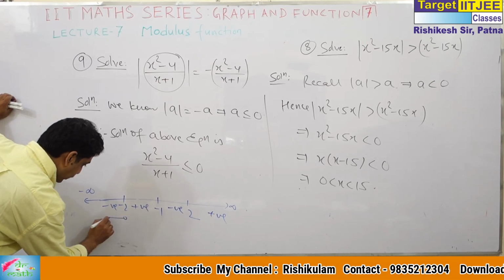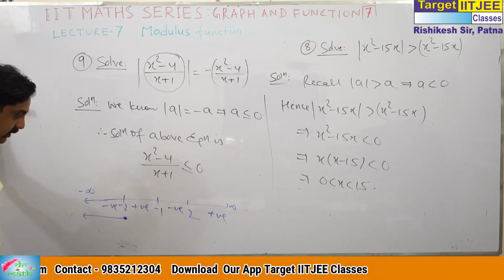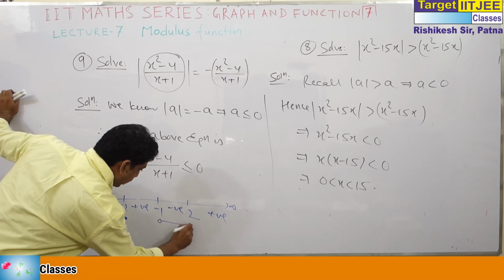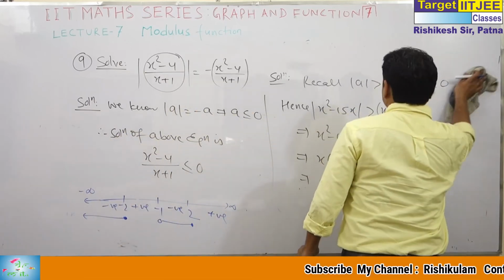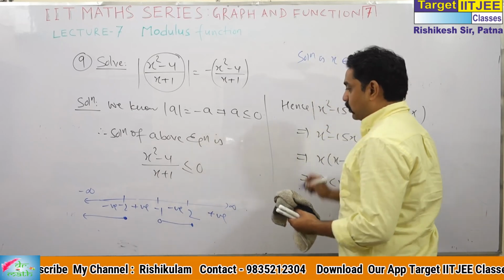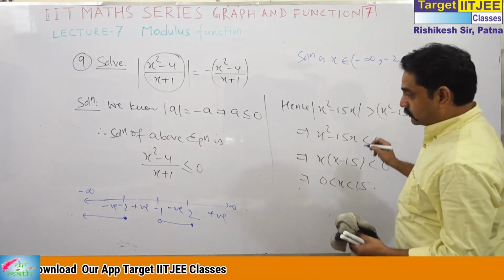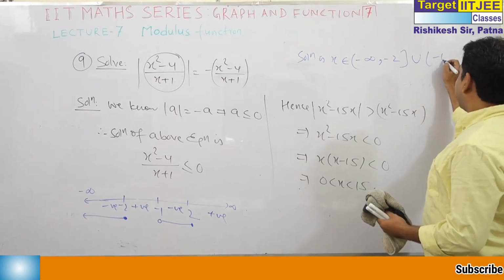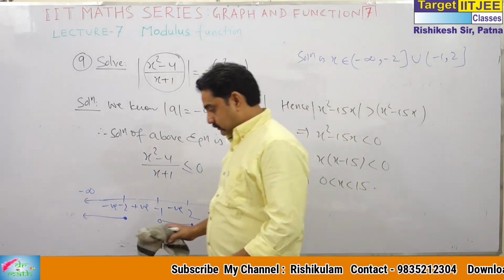We can take −2, since the numerator is 0 there, and we can also take 2, but we cannot take −1. So the solution is x belongs to (−∞, −2] union (−1, 2].